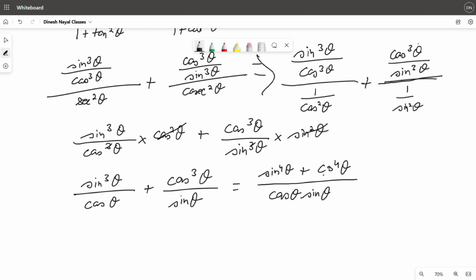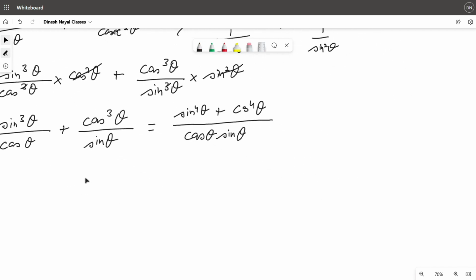Now how can we write sine to the power 4 theta plus cos to the power 4 theta? We can write sine square theta plus cos square theta whole square. When you expand it, sine square theta whole square will be sine to the power 4 theta, plus cos square whole square will be cos to the power 4 theta, but you will also get plus 2 sine square theta cos square theta.